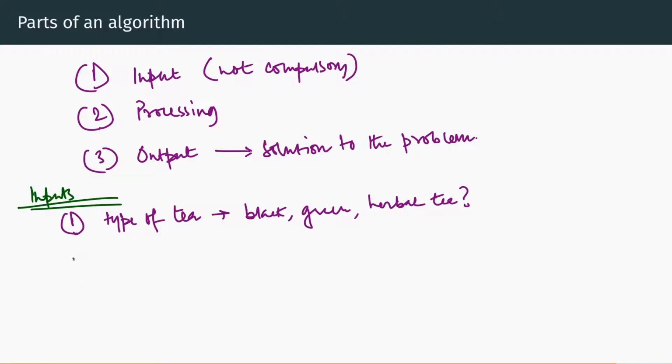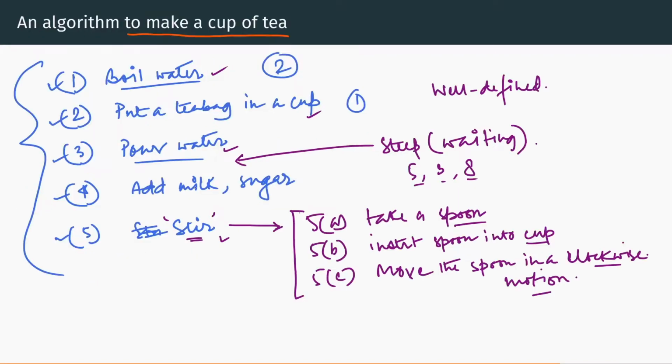The second one that you may have thought of, if not, it's completely okay, may be the number of cups of tea that you want to make, right? So essentially, look at this. The algorithm remains almost the same.